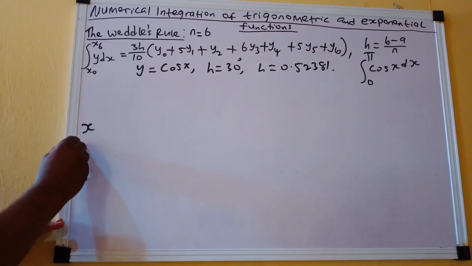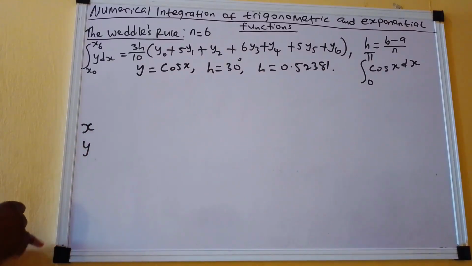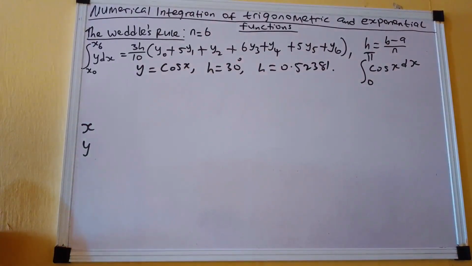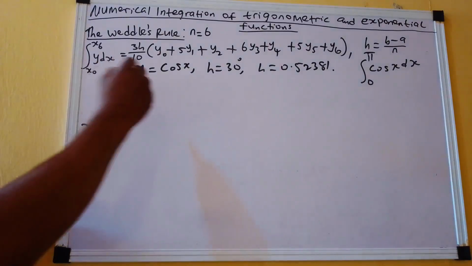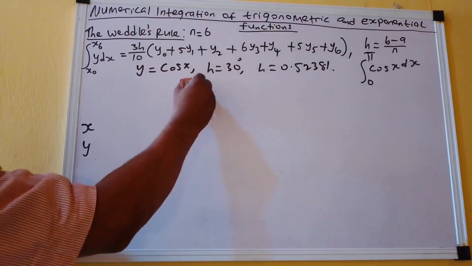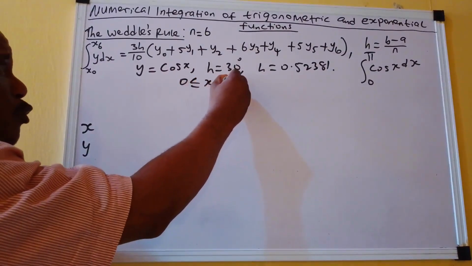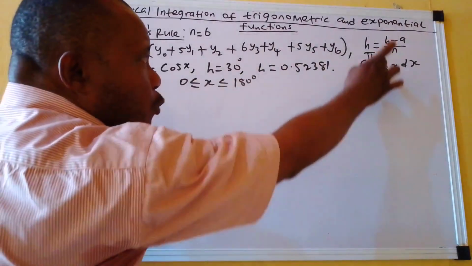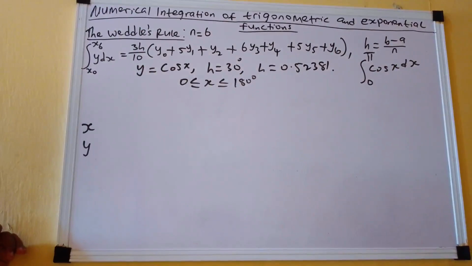Because this is a trigonometric function, our x will run from 0 less than or equal to x less than or equal to 180 degrees, because it runs from 0 to pi, and pi in degrees is 180 degrees.